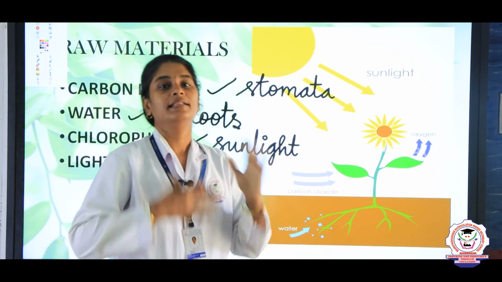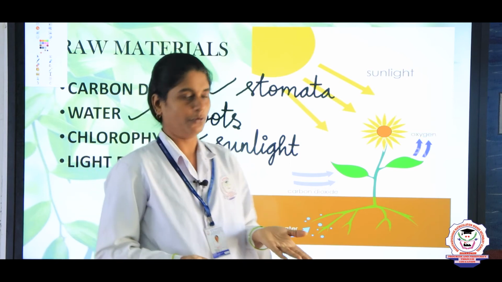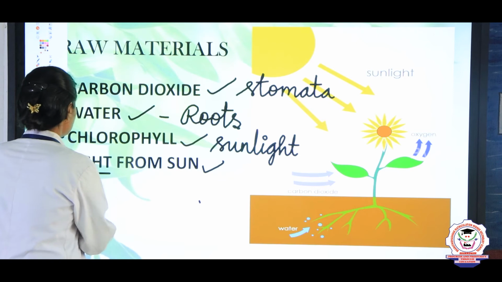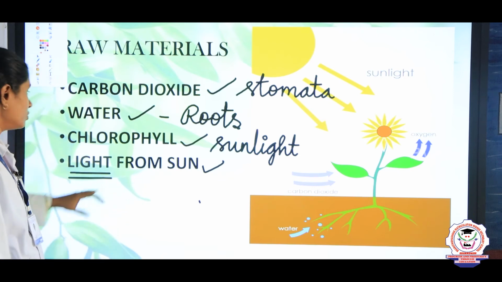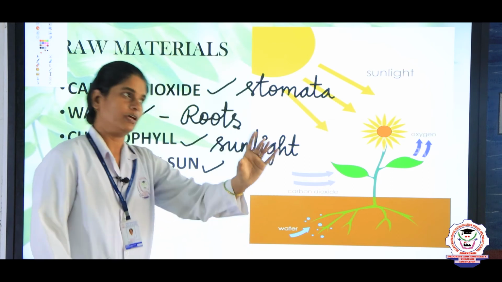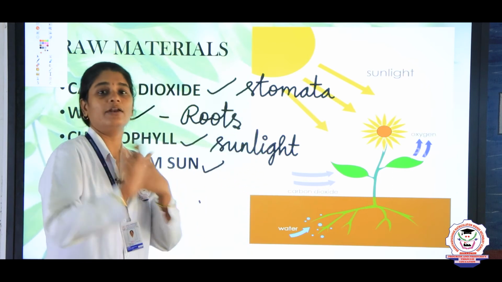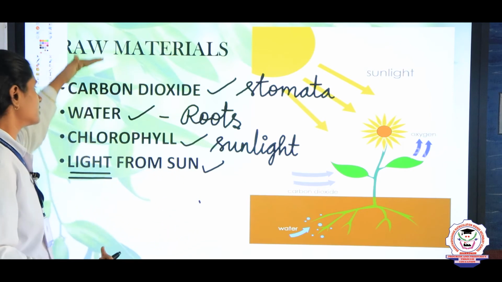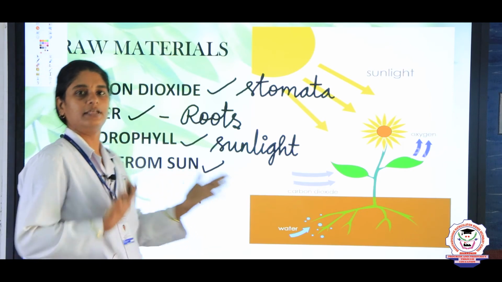Without sunlight they cannot prepare their food. Okay. And the next one, the light from the sun. So, even though the chlorophyll is present in the leaf, if the leaf does not get the light they cannot prepare the food. Okay. So, these are all the ingredients for a plant to prepare the food.